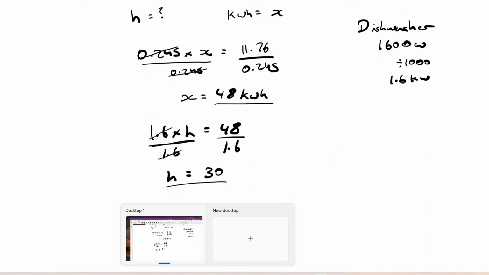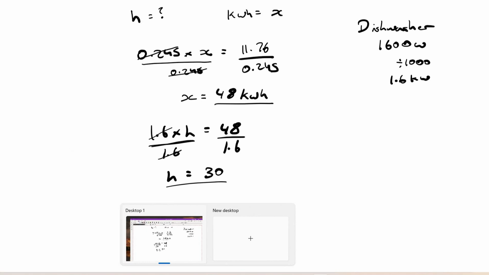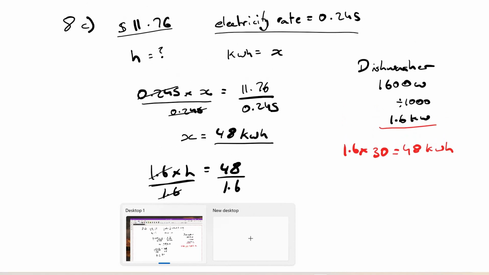So if our kilowatt, let me do it in a different color. If the kilowatts of our dishwasher is 1.6, and I worked out 30 hours, so 1.6 times 30 is 48, so that's 48 kilowatt hours. And our electricity rate, which was given in the question, was 0.245.